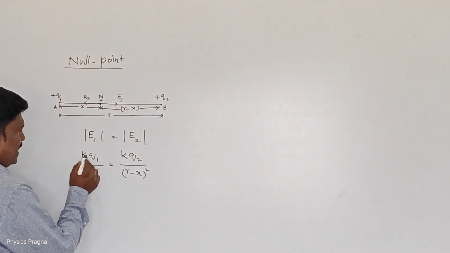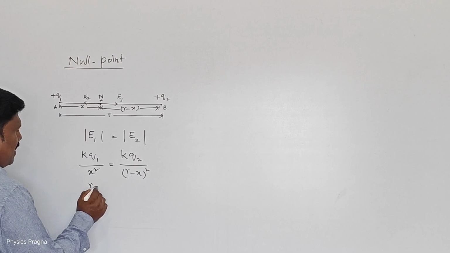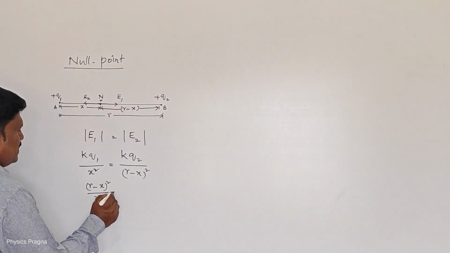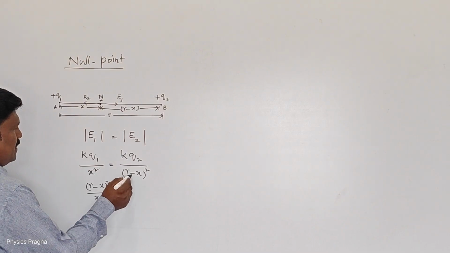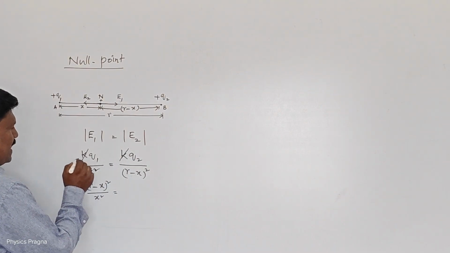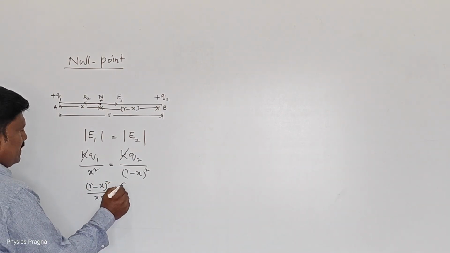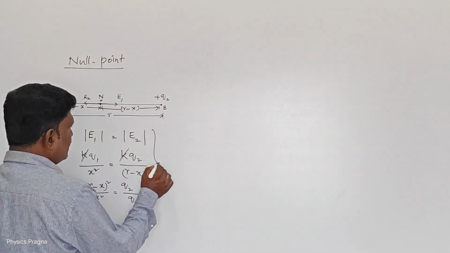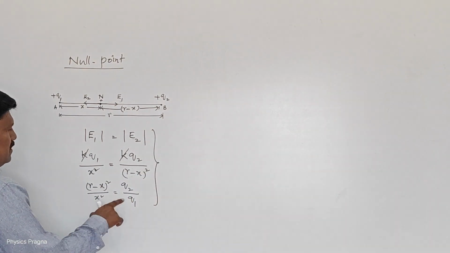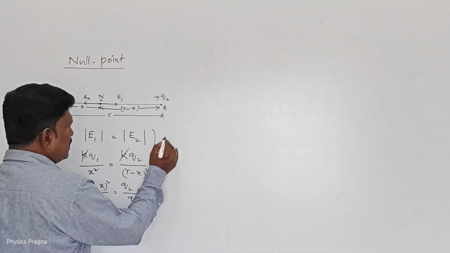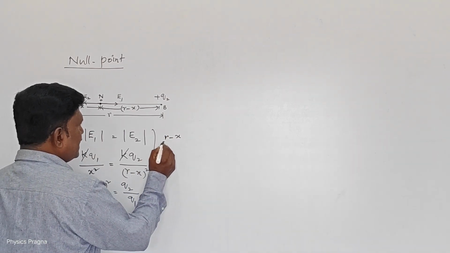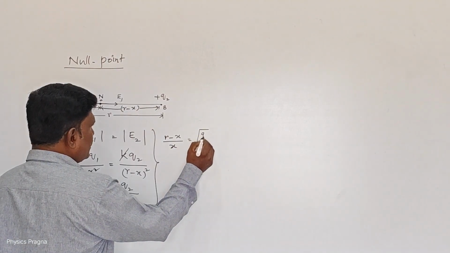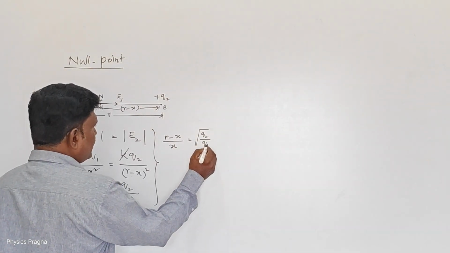So I will bring this R minus X whole square by X square is equal to, this K and this K will cancel, here Q2 will be there and Q1 goes there. I will take a square root, then R minus X by X is equal to root of Q2 by Q1.